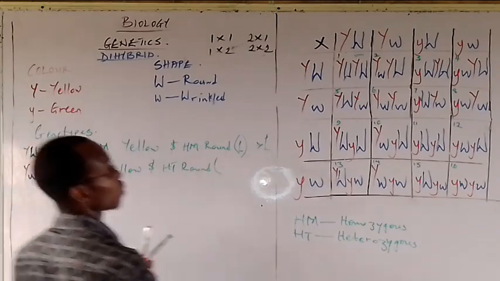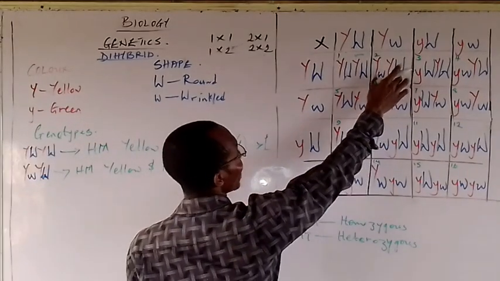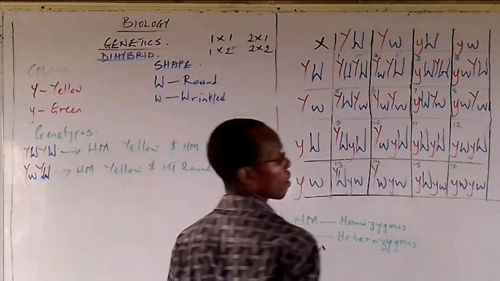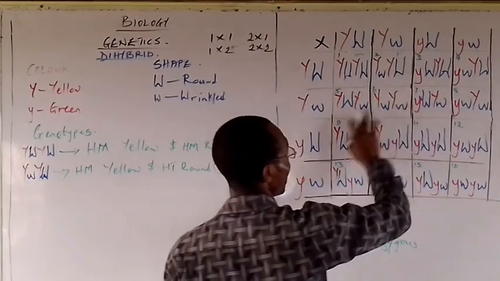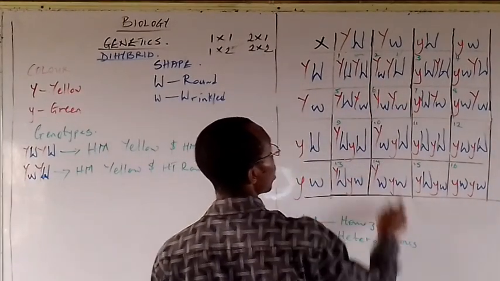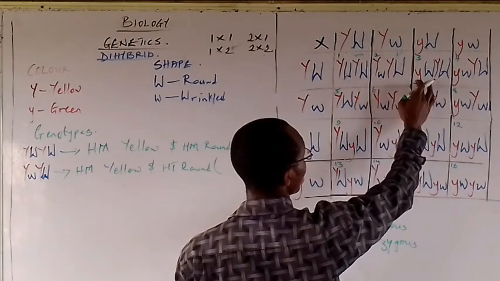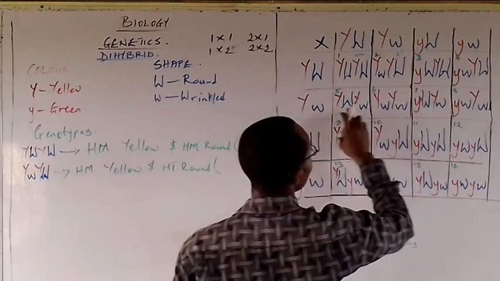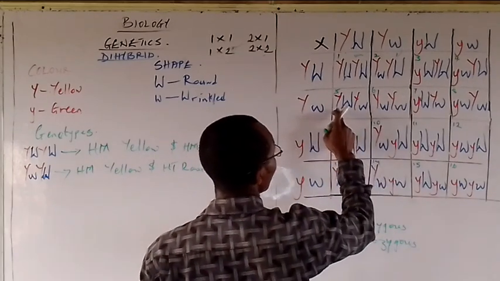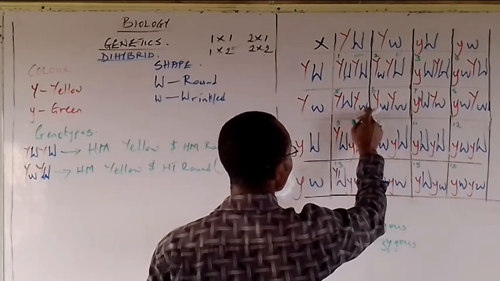And where do we have them? We have them in number 2. Let us see if we still have it in any other place apart from number 2 in any of these 16 boxes. It is not the same as what we have here because this one is capital, but this one is small. For this one, it is the same because we have capital, then capital and small.